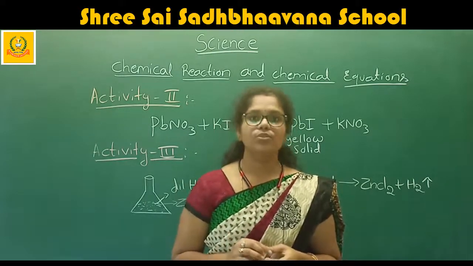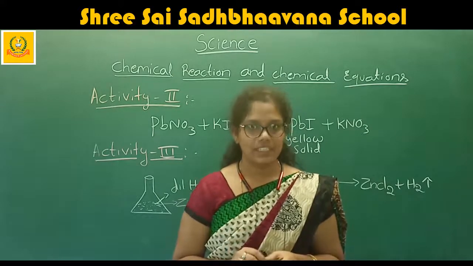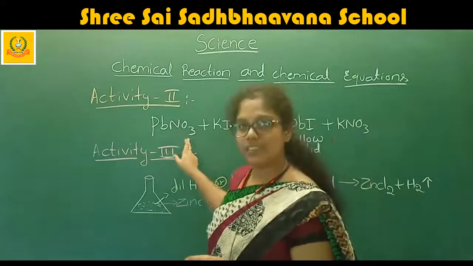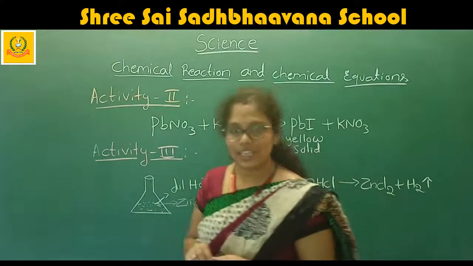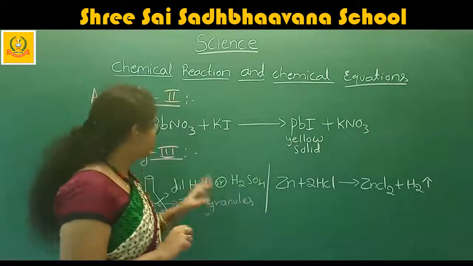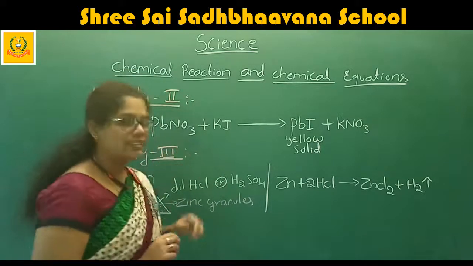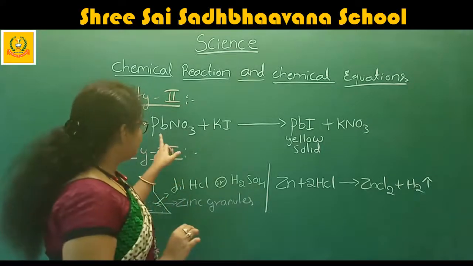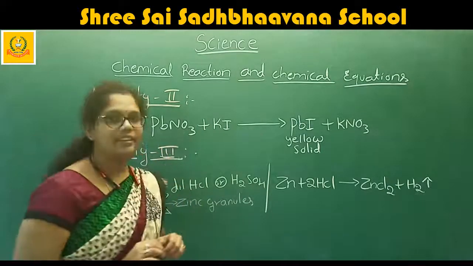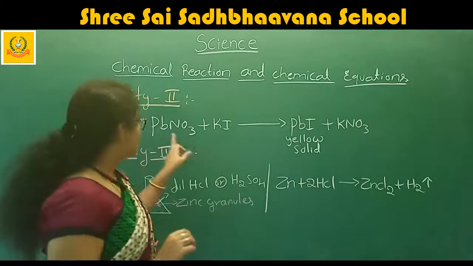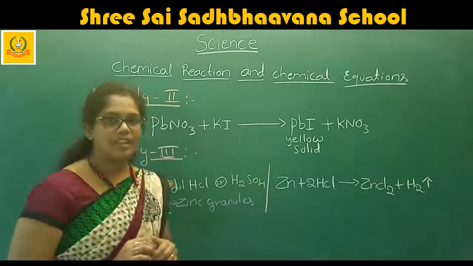Today we are going to discuss the second activity, taking PbNO3. Pb is lead and NO3 is nitrite. Therefore PbNO3 is lead nitrite.